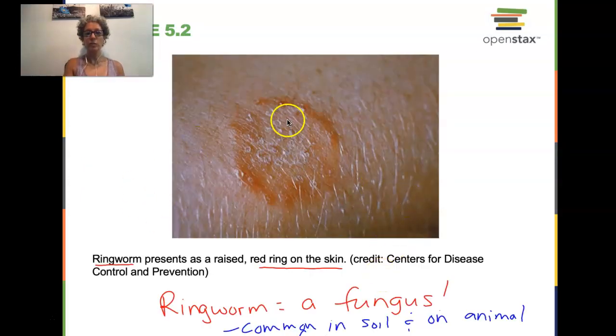This is a close-up of skin, and it is ringworm. It looks like a crusty red ring, with some dried scaly patches in the middle, but ringworm is not a worm. It is a fungus. Both worms and fungi are eukaryotes, but ringworm is a fungus.